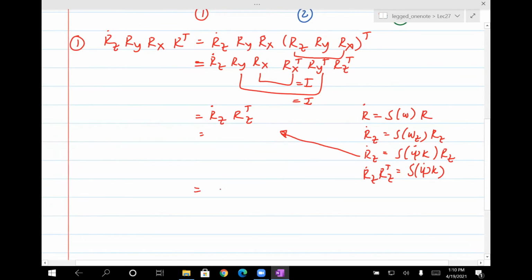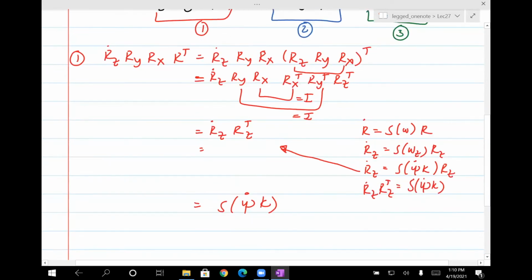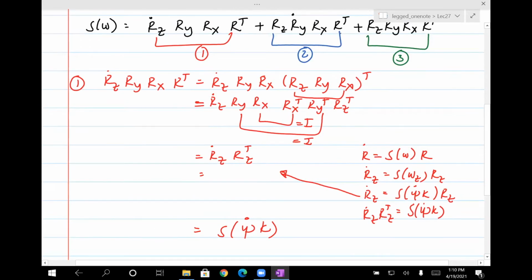So we've simplified the first expression to give S of psi dot k. Now let's go to the second one, which is RZ RY dot RX R transpose. I'm going to simplify that one next.